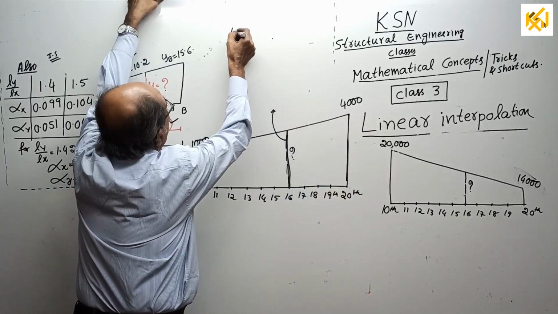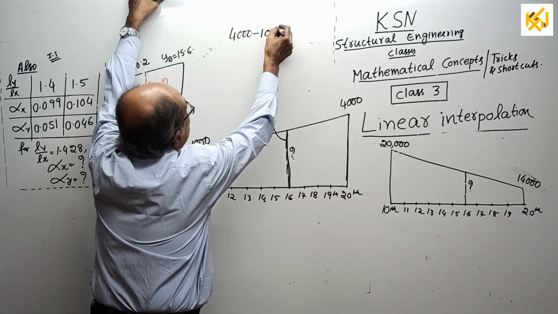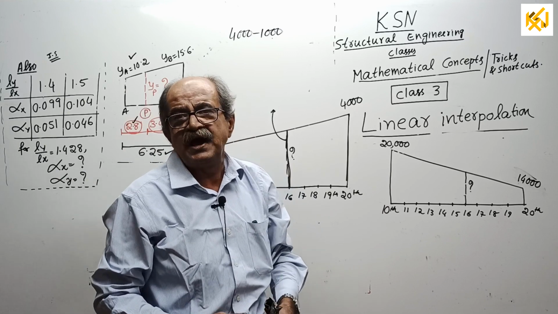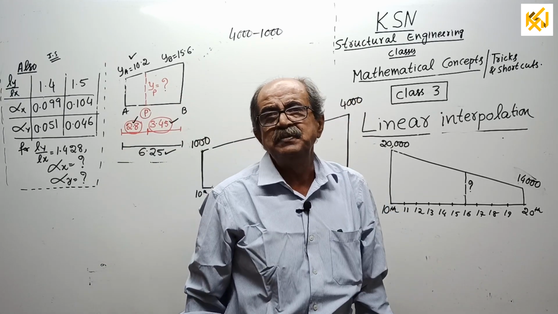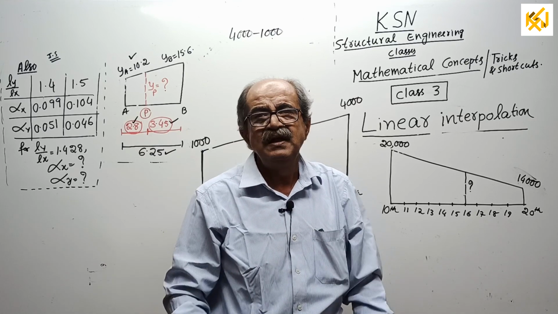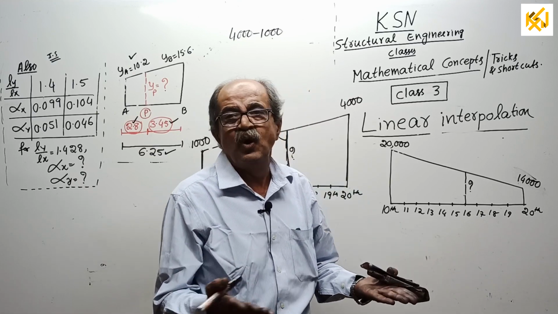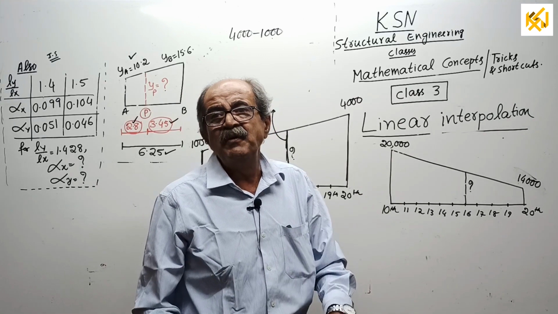So 4,000 minus 1,000 is the total increase. Those who want to understand correctly, I told last time, you should not skip a single word told by me. So you should write it on paper. This will help you in future whenever you require interpolation.